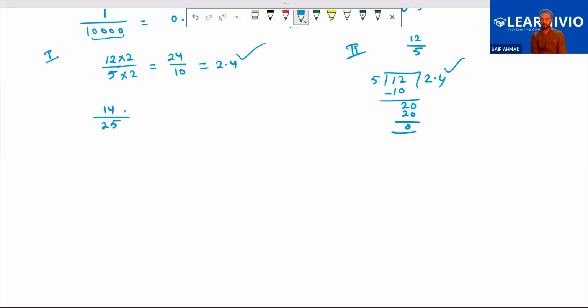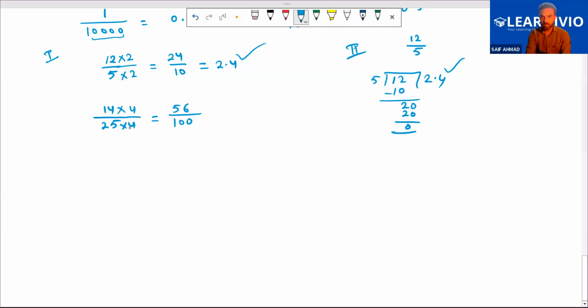Can you make it 100? Yes, you can make it 100 by multiplying by 4, because 25 fours are 100. If you multiply the denominator by 4, you have to multiply the numerator also. 14 fours are 56 and 25 fours are 100.